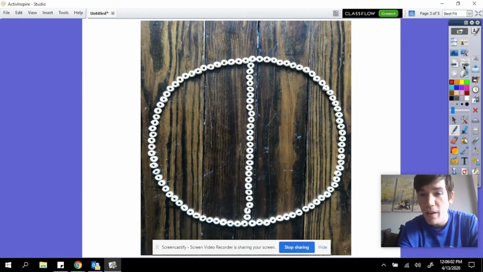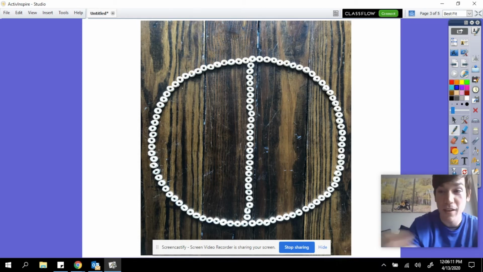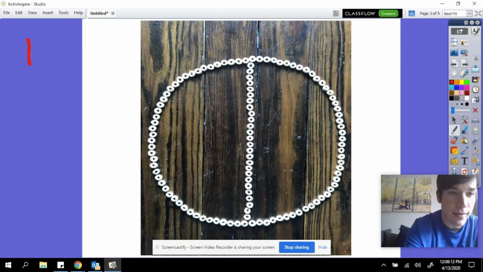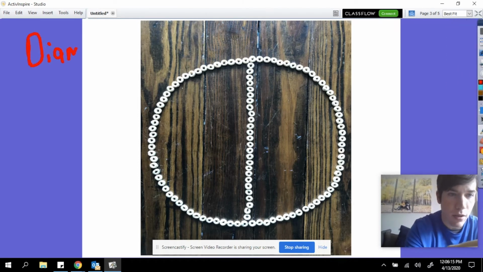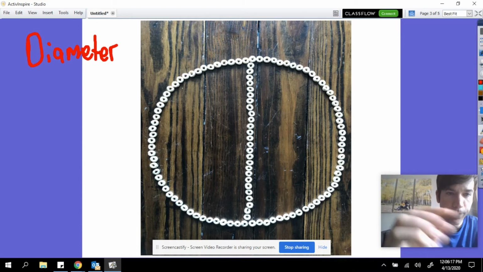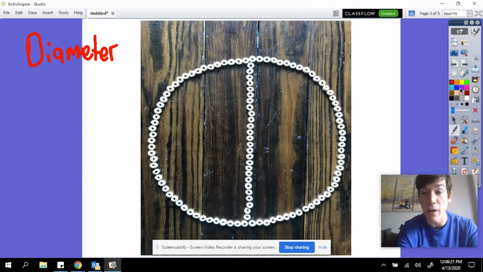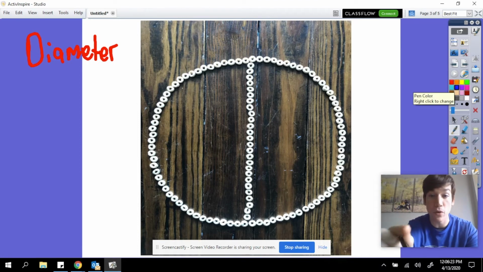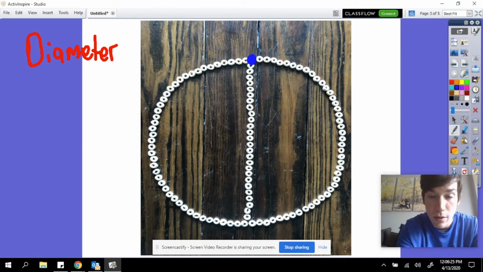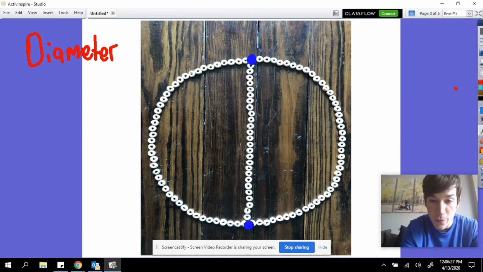All right. And the third word we're going to talk about is the one I mentioned previously, the diameter. Let's write that up here, diameter. The diameter goes from one point on the circle, up here, to another point on the circle, down here.